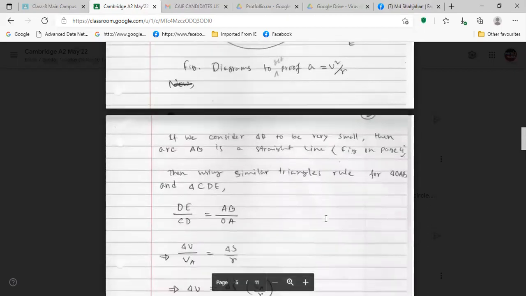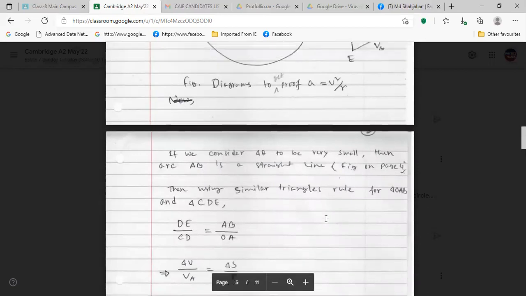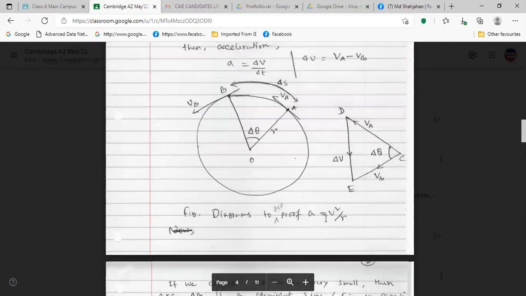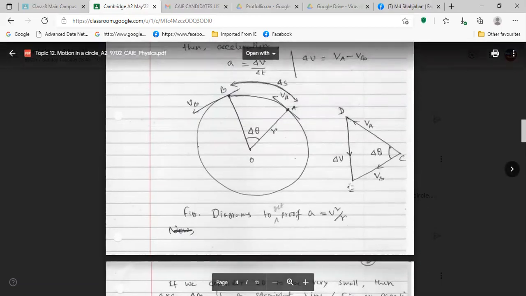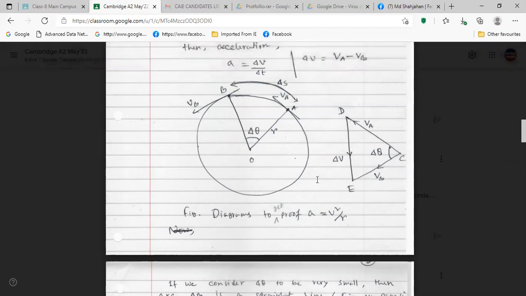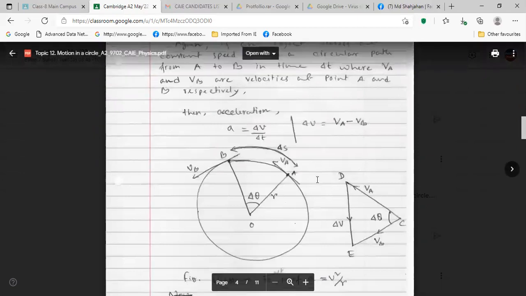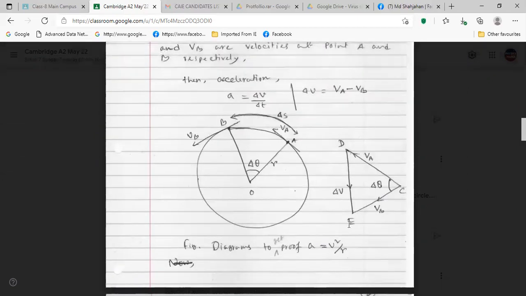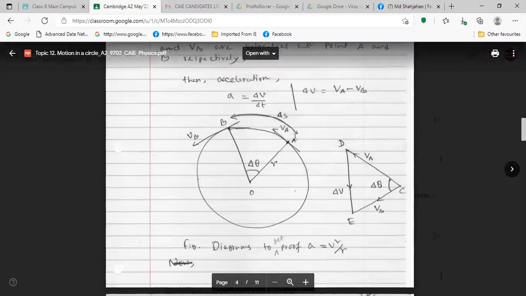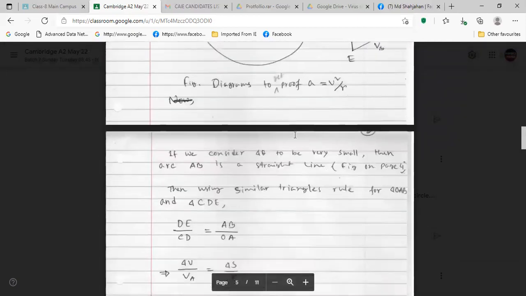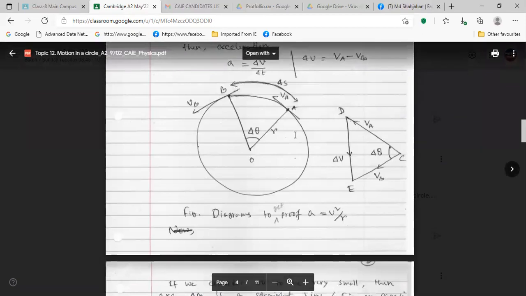If we compare these two triangles, we get DE by CD equals AB by OA.